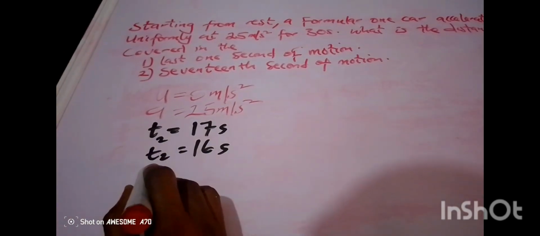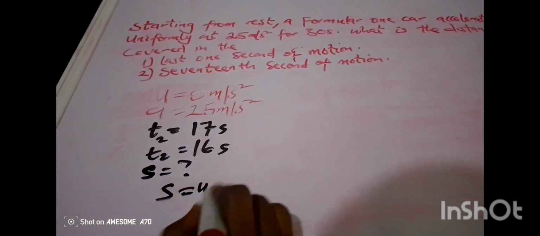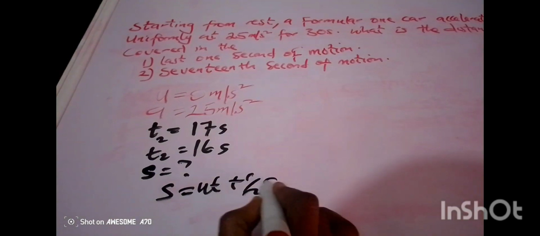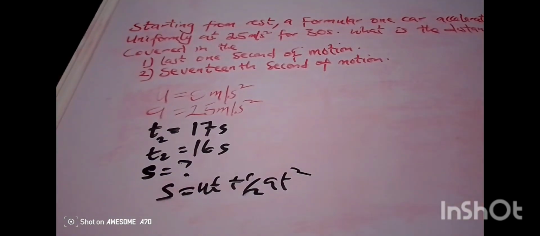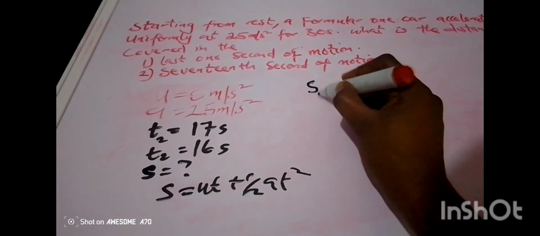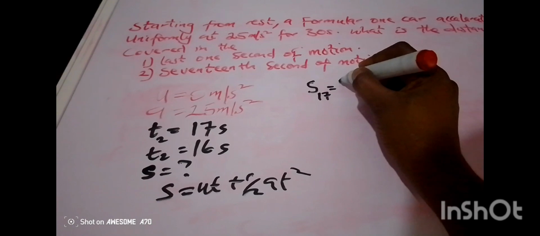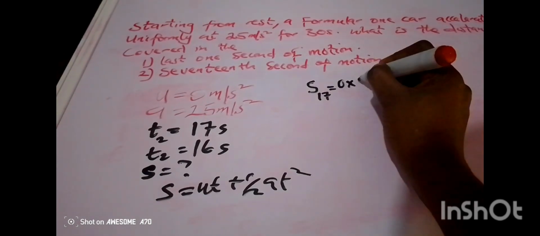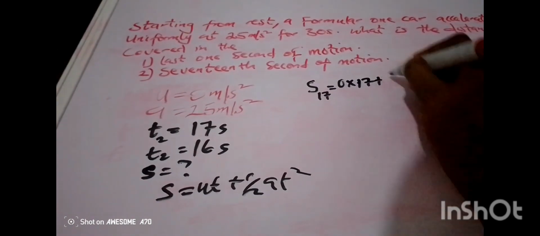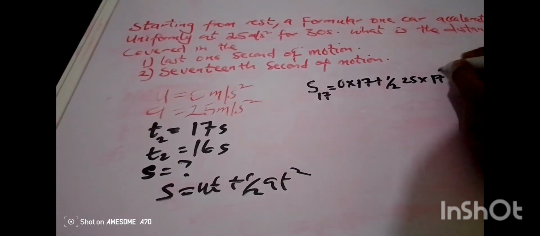Remember, s is what we are looking for. Then we can say s equals ut plus half at squared, and u is 0. Remember, the body starts from rest. So s for 17 seconds is going to be u, that is 0, multiplied by t, which is 17, plus half a, 25, times 17 squared.